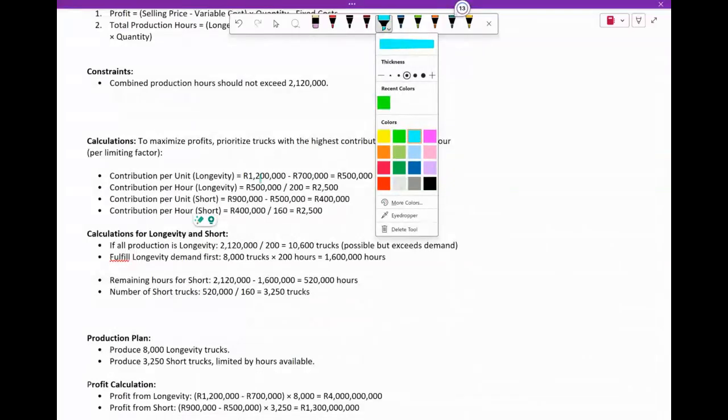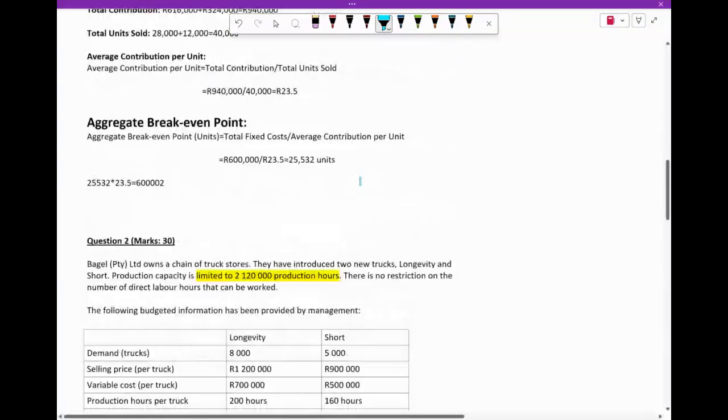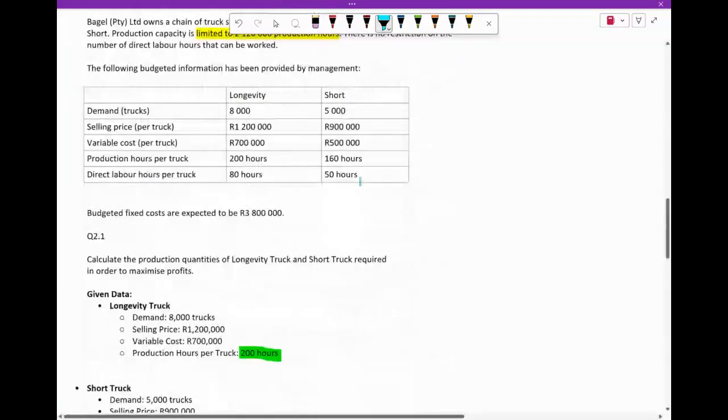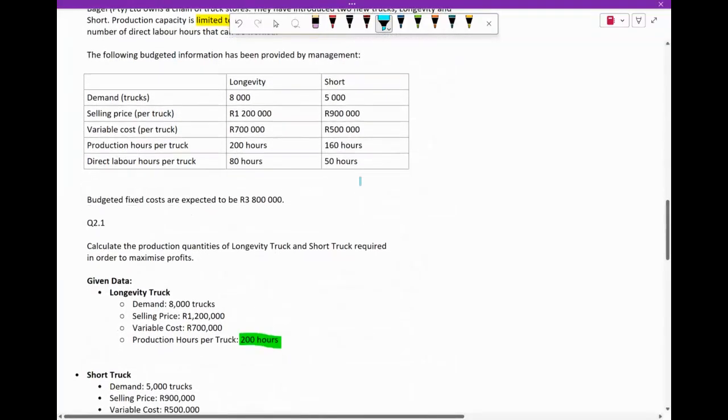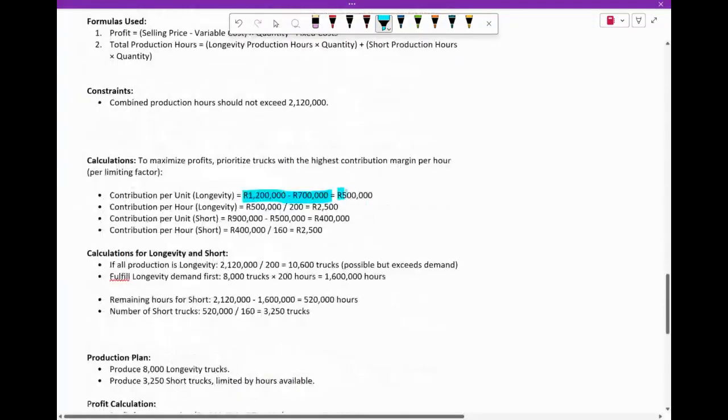Okay, so here if we look at longevity, you see the sales, and let me verify that. Yeah, the selling price per truck is 1,200, and the variable cost per truck is 700, which gives us a contribution of 500,000.